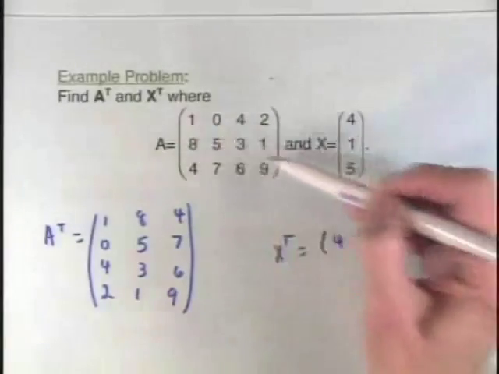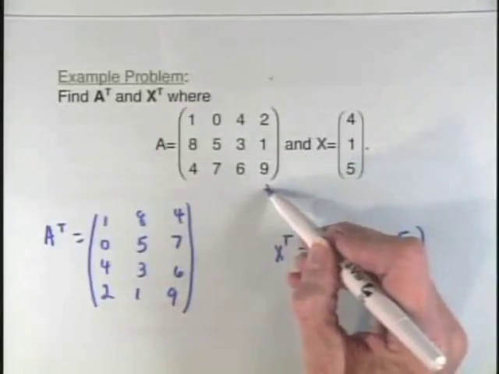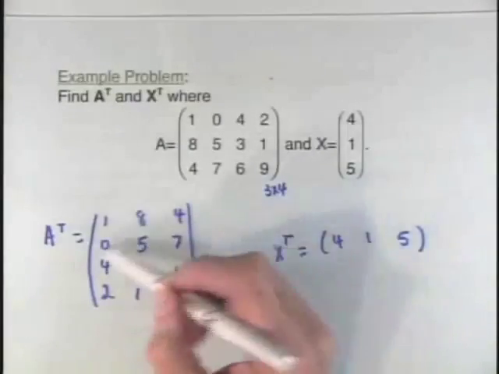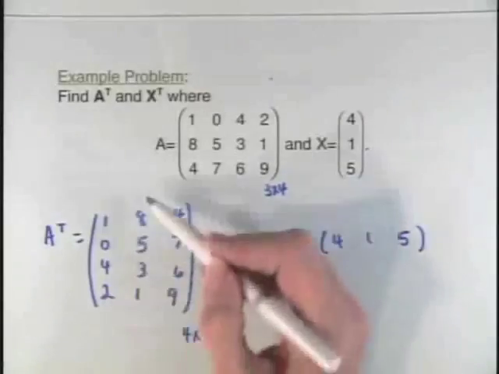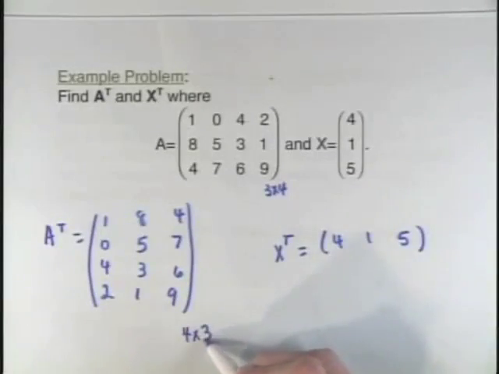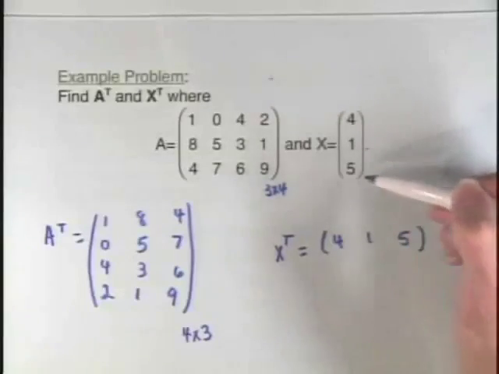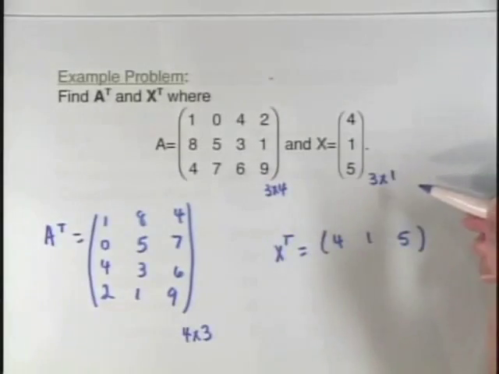A is a 3 by 4 matrix, and A transpose is a 4 by 3 matrix. Matrix X is a 3 by 1 matrix.